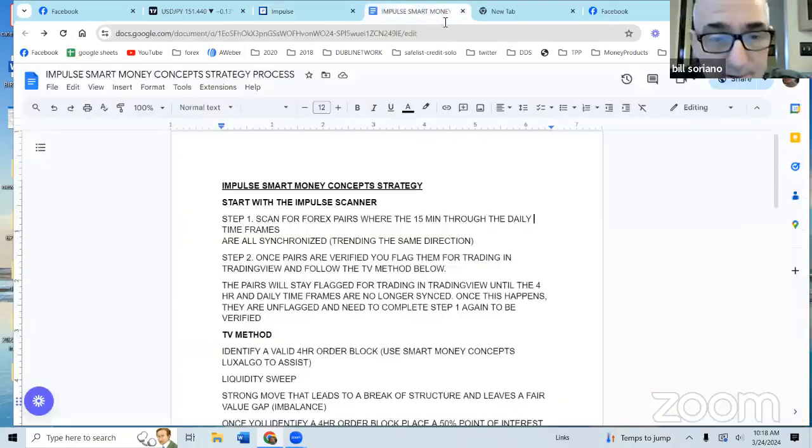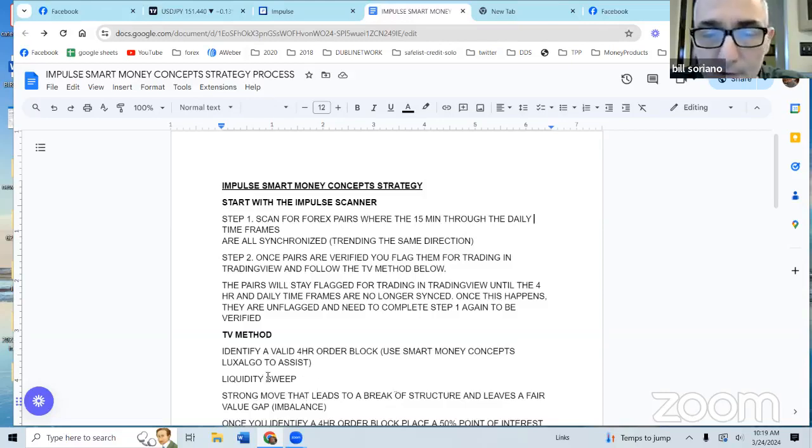And that's right on this impulse sheet here. That's the very first thing, step one, step two, and then what the result is. Step one is to scan for Forex pairs where the 15-minute through the daily time frames are all synchronized. Step two is once these pairs are verified, you flag them for trading in TradingView and follow the TradingView method below.